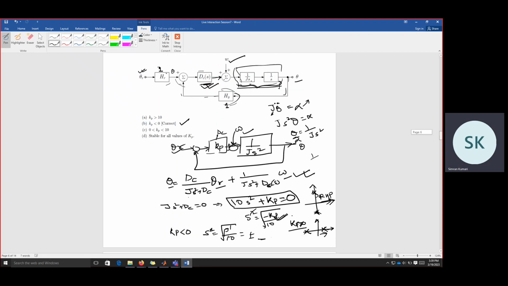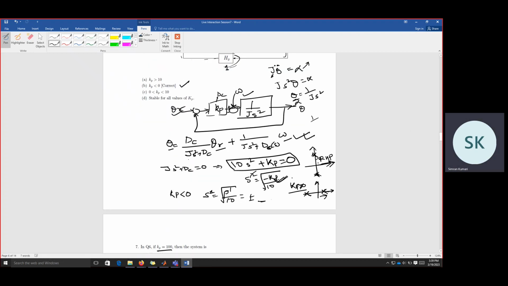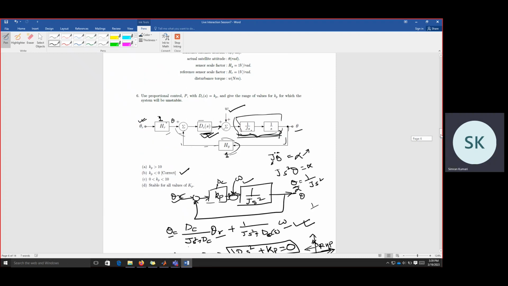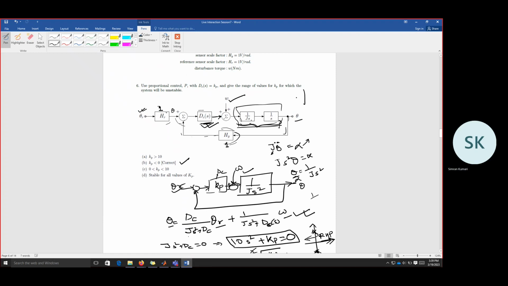So in that case, the poles should be on this side. In that case, we need to add some damping. Because this is marginally stable, the output has an oscillating behavior. So theta will have some oscillating behavior. What we want is that this oscillation should not be there, it should die out.